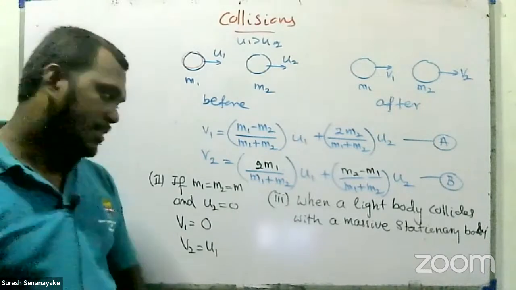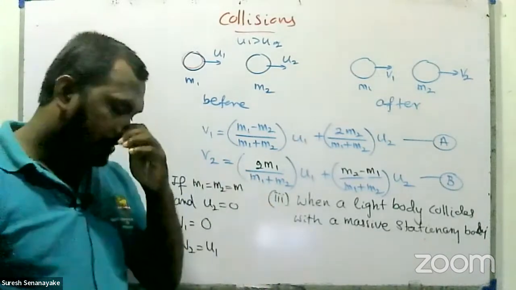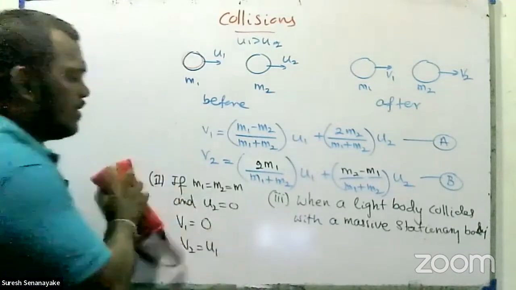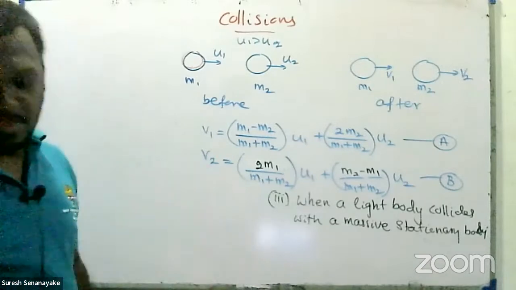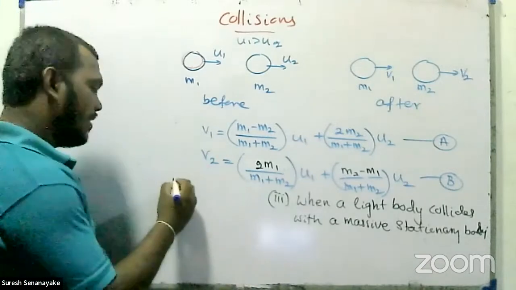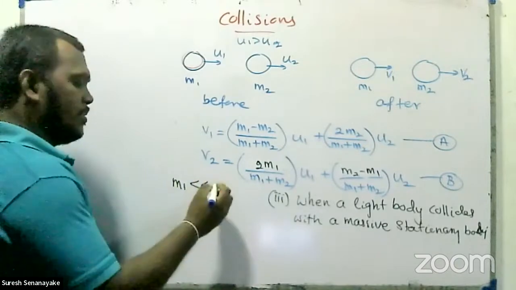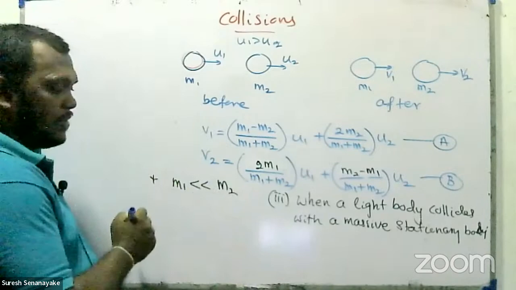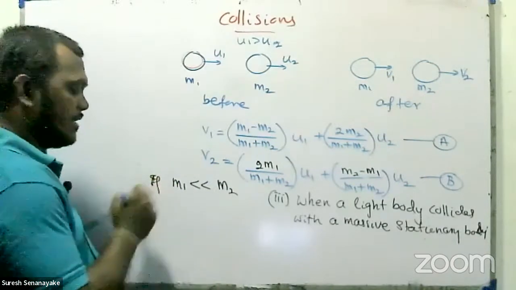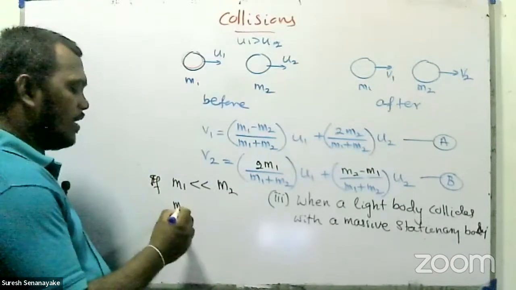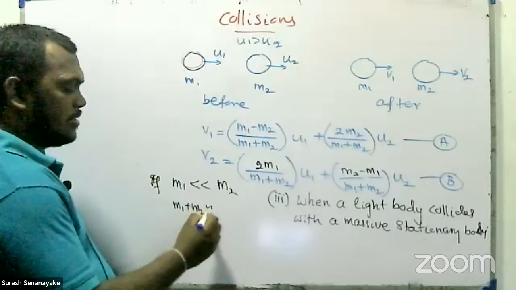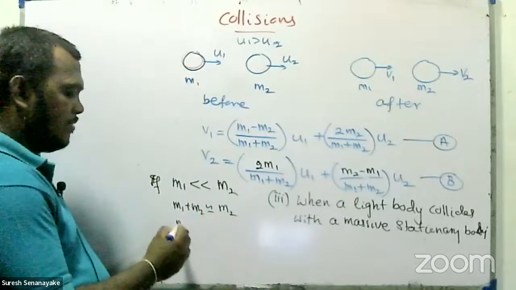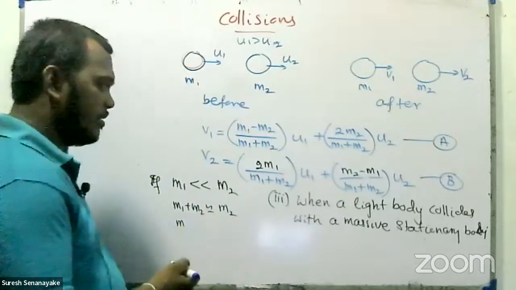So in this last condition, m1 is the lighter body, and m1 is very, very small compared to m2. You can consider it like this: m1 plus m2 is approximately m2, since m1 is negligible. And m1 minus m2 is approximately minus m2.